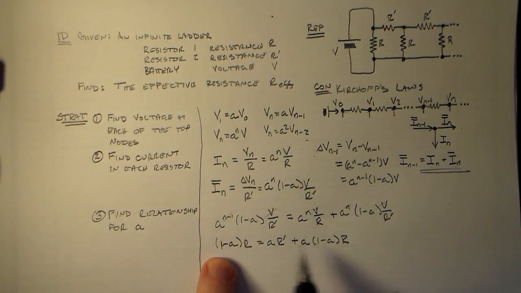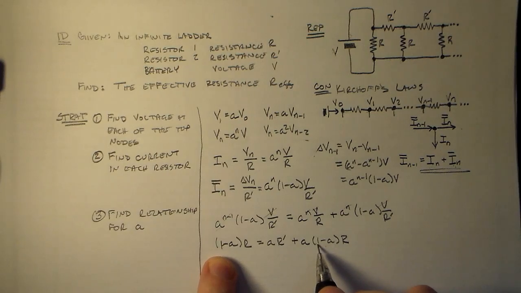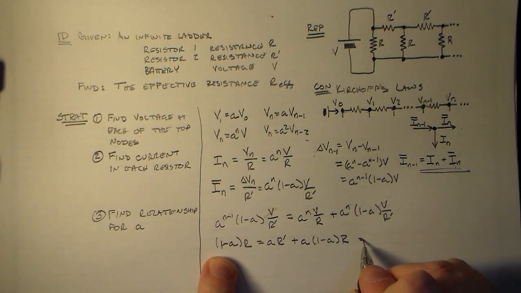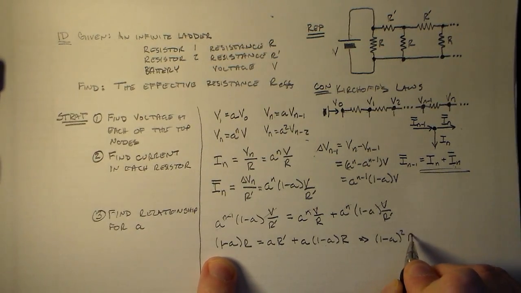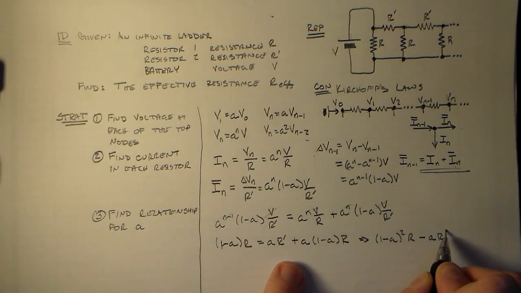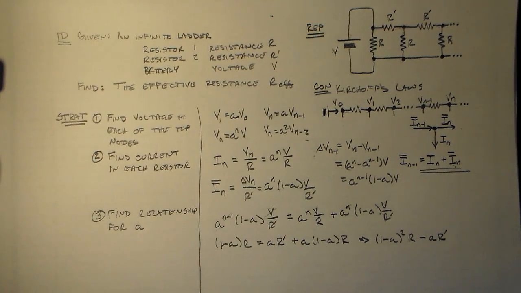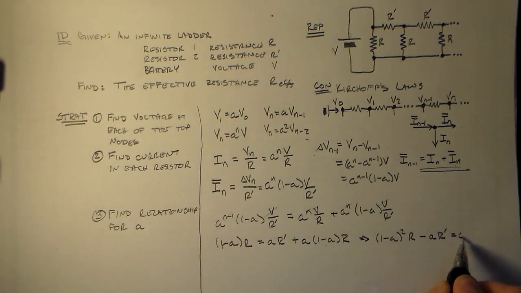And this can come over here, so we subtract this from both sides. So we have 1 minus A times 1 minus A, so that implies that we have 1 minus A squared R, minus A R prime, and that is equal to 0.